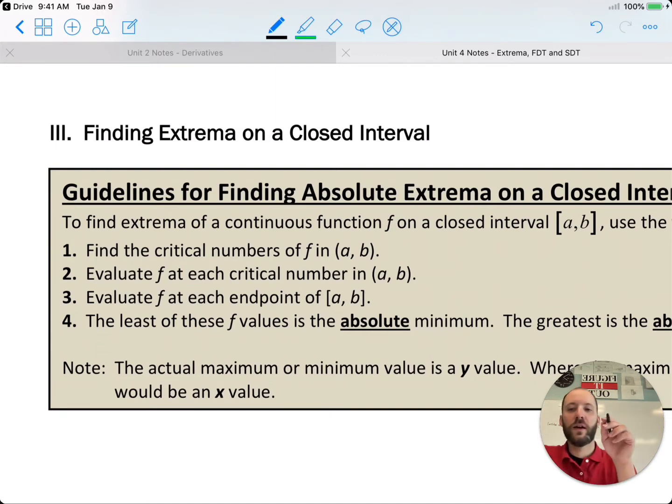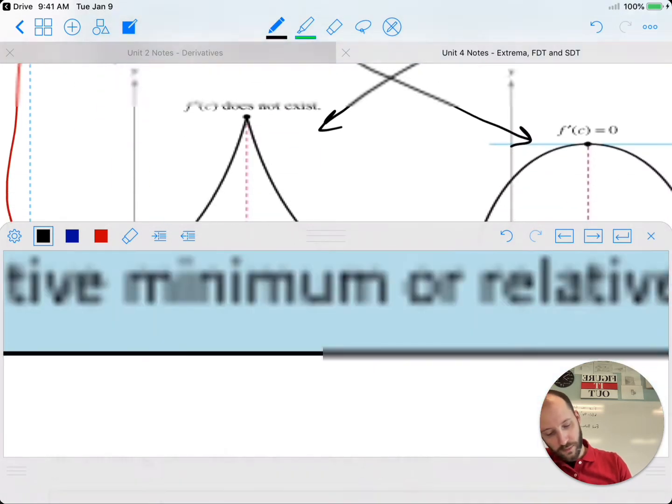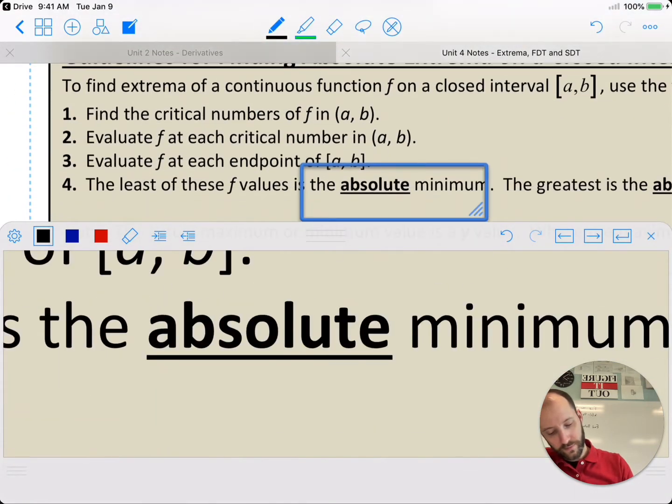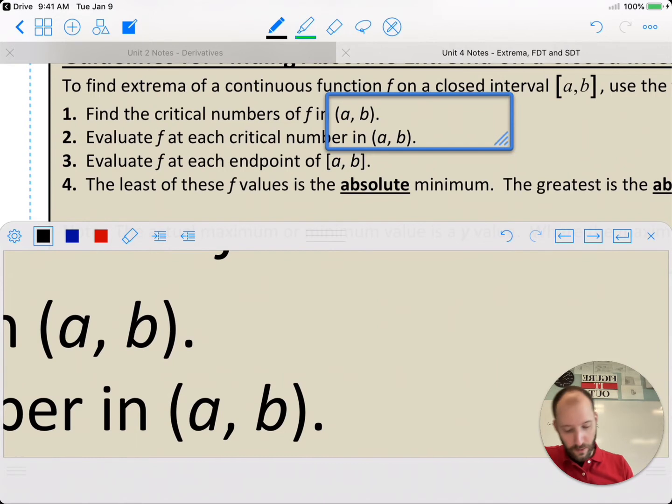Number 1, find the critical numbers. Still up here. Okay. So finding the critical numbers. It's a really sloppy arrow.